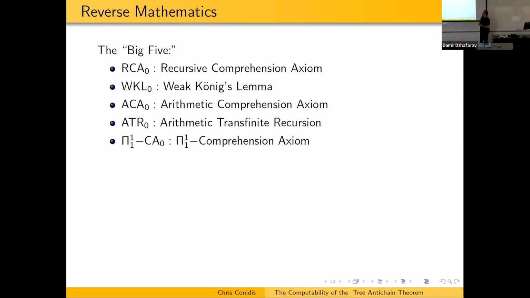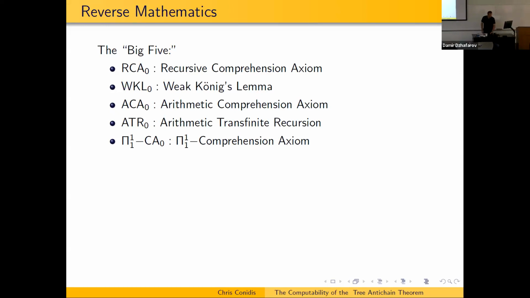And then finally, you have ATR and Pi^1_1 comprehension. Those ones do not come up so much in the context of commutative algebra, let's say Noetherian rings. So in the context of this topic, we're going to mainly be focusing on the first three, or subsystems below ACA, basically.